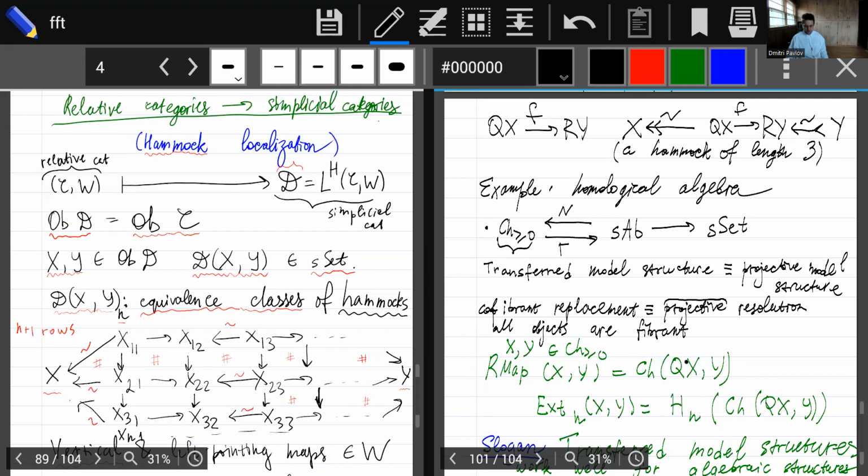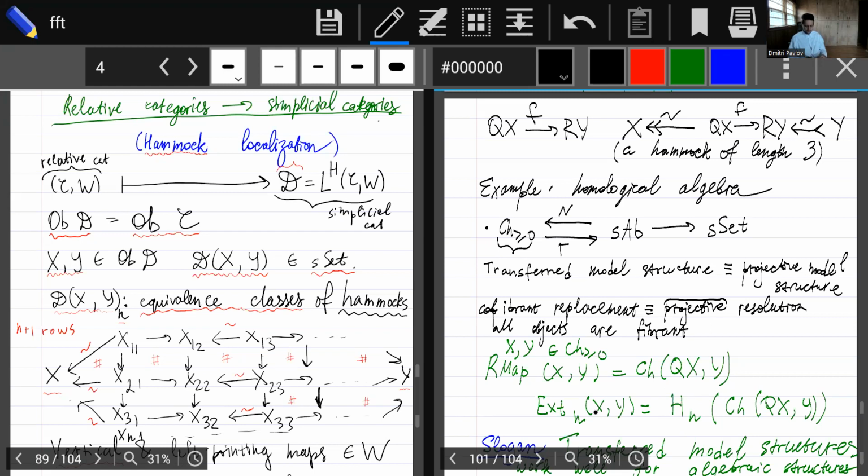So you would compute the cofibrant replacement. All chain complexes are fibrant in this model structure, and cofibrant replacement is just projective resolution. So you replace the source, the X, with this projective resolution, and then you compute the ordinary internal Hom in chain complexes. And then if you take the homology groups of this internal Hom, you will see the Ext groups.